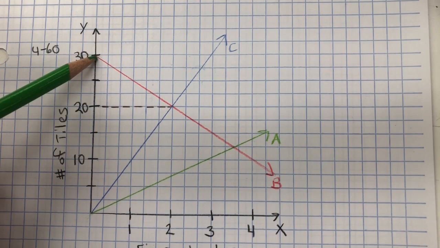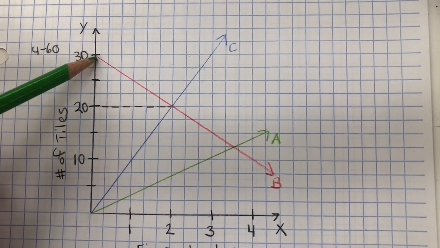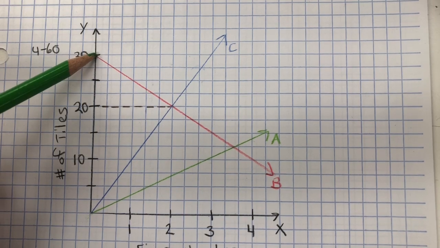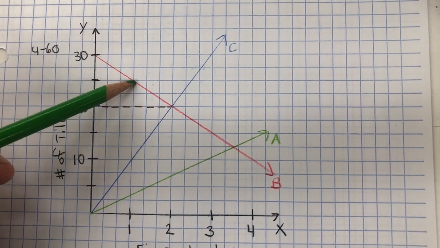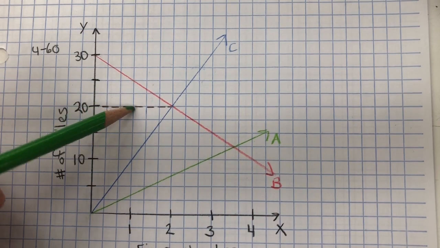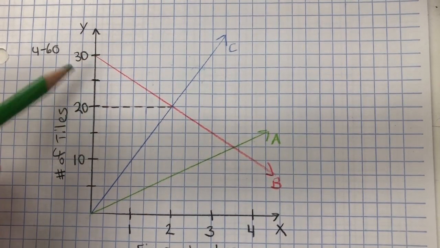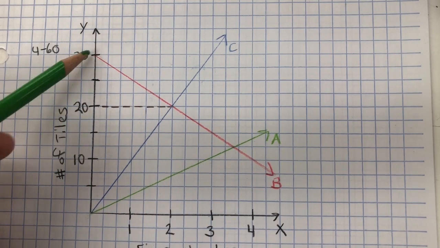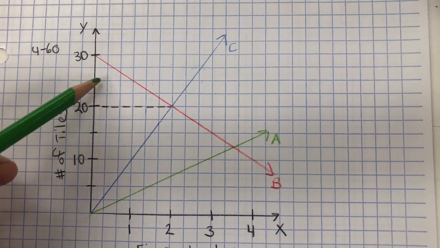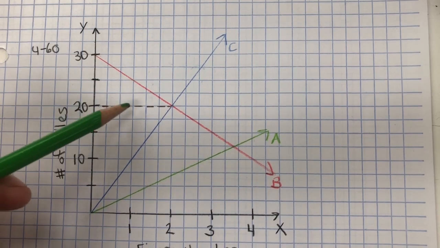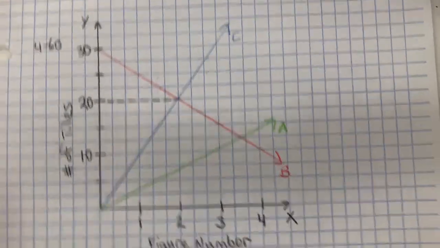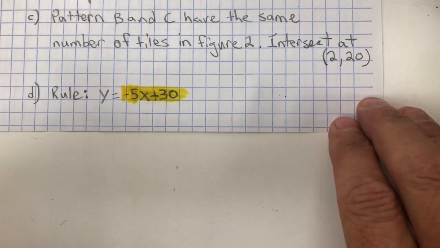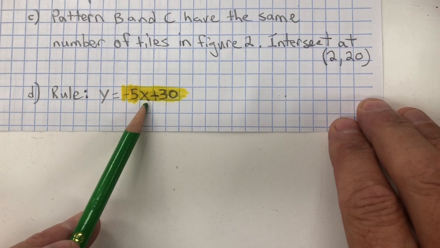And its growth rate, it's decreasing, so we're taking away tiles, so that would be a negative, and we're taking away 5 tiles for every figure. You can see 30 to 25, that's 5 tiles for every figure number. And the equation would be y equals negative 5x plus 30.